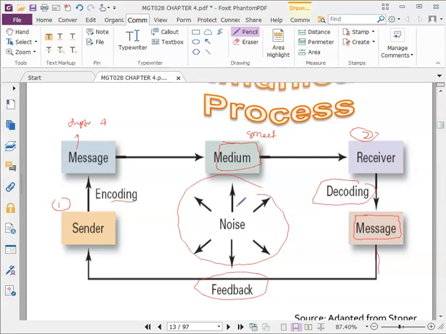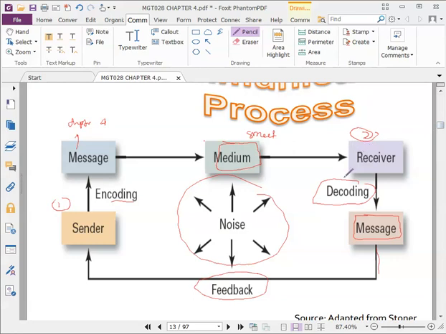Okay, next, ini ada proses ya. Sender, okay, hantar message, and then medium using what? Contoh kadang-kadang kita pakai apa lagi? Pakai handphone, okay, that is also medium. Okay, and then receiver, orang yang dapat, kita pun guna WhatsApp.